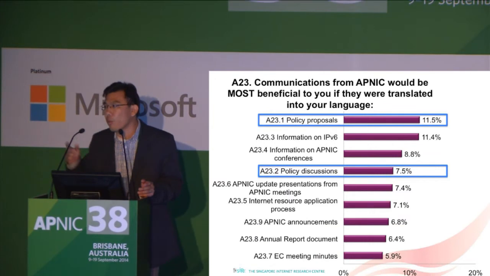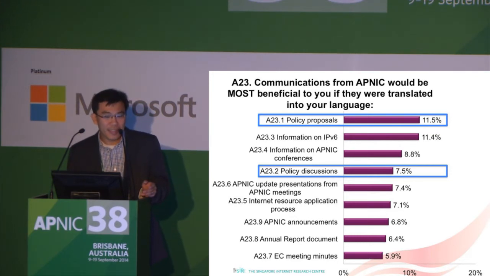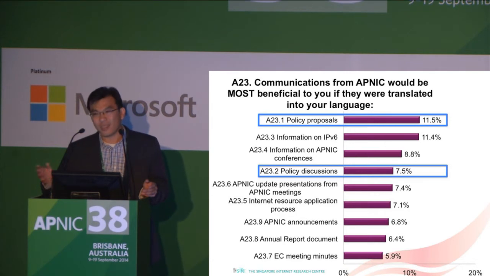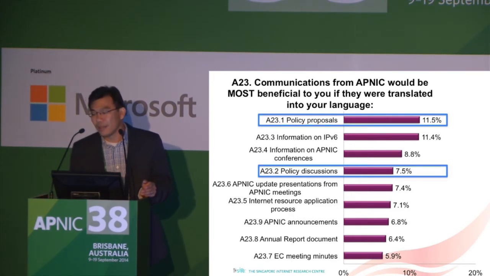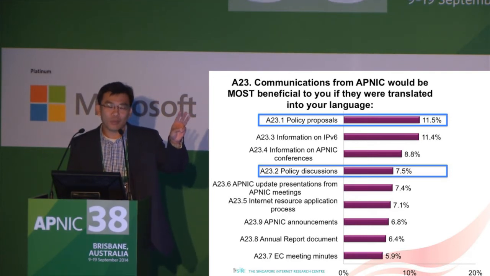The next one is a more detailed question: communications from APNIC would be most beneficial to you if they were translated into your language. Actually, policy proposals are at the top, and policy discussions are fourth, with slightly less percentage compared to policy proposals.